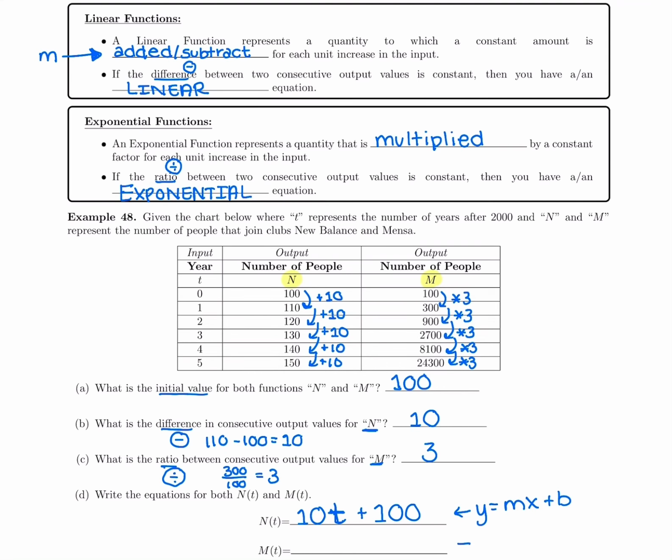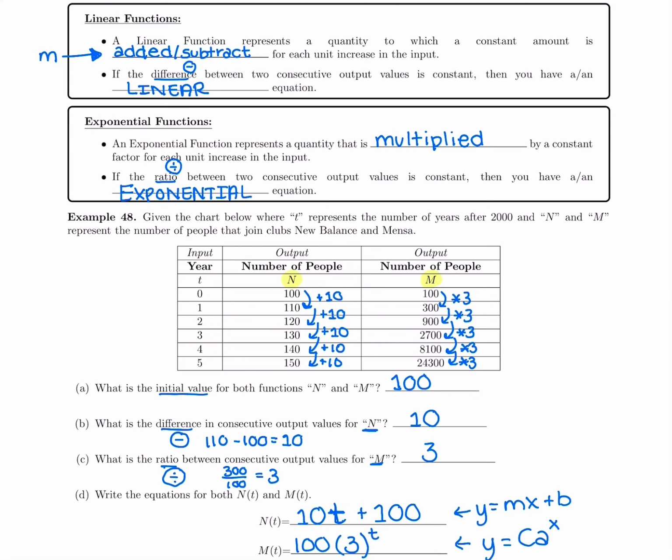So if we write our own function out of that, we have to pick between linear and exponential. Since it's multiplied, we're going to write an exponential. Exponential is of the form y equals c times a to the x. So c is the initial value of 100 times a. What is our factor here? It's a growth factor of 3. And instead of to the x, we're going to write it to the t.